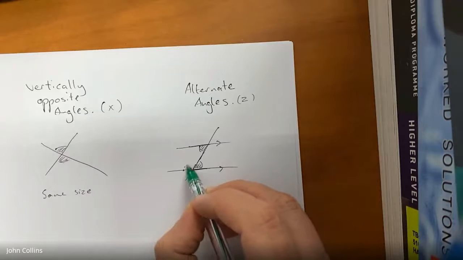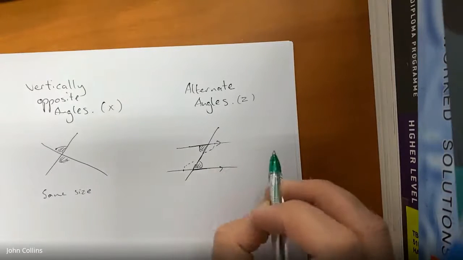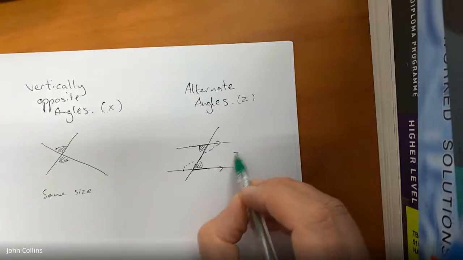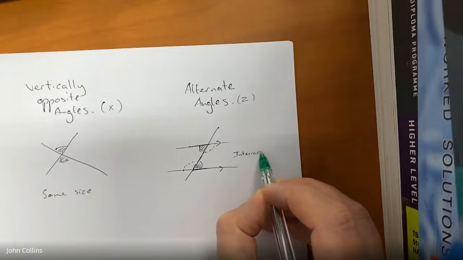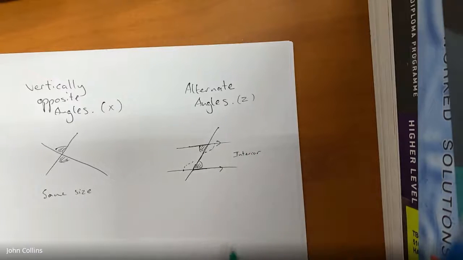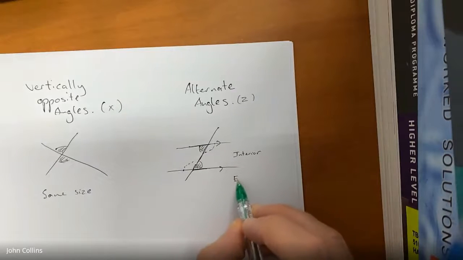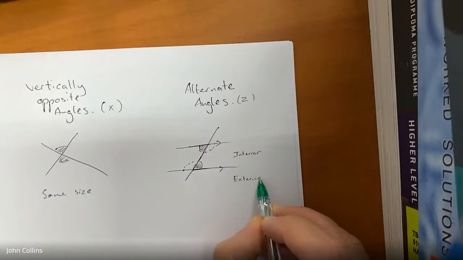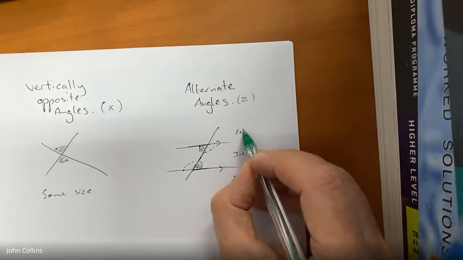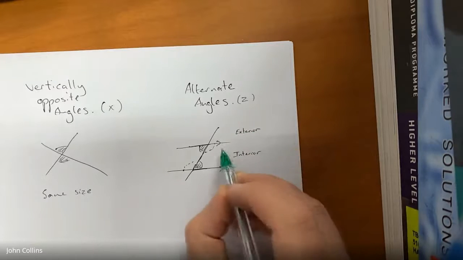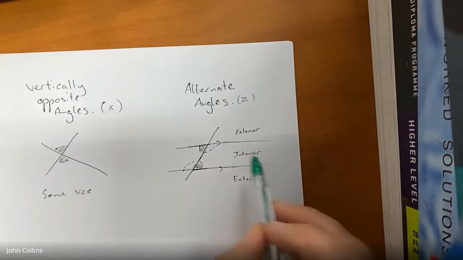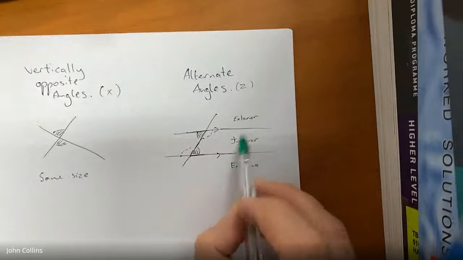Another set would be here and here. They're the interior, so interior are in here. So these ones I've marked are these ones. They're the same as well. And then there's exterior, which are outside the parallel lines. So these parallel lines go on forever, and if you think about it, inside them are called the interior.